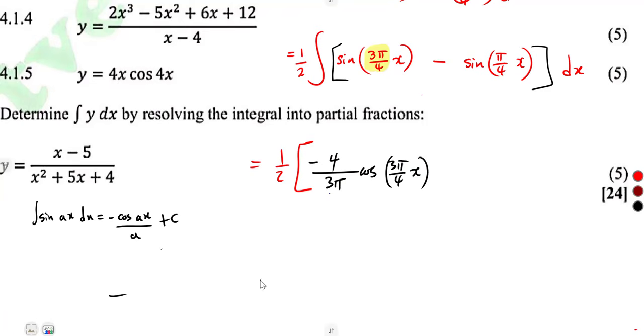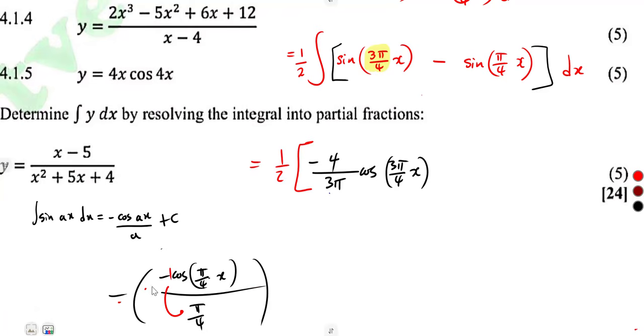Then you do the same thing for the sine, that was going to be negative cos. So it's going to be negative cos pi over 4x over the constant pi over 4. Since we have this, it's going to be a reciprocal, minus 1 over this.